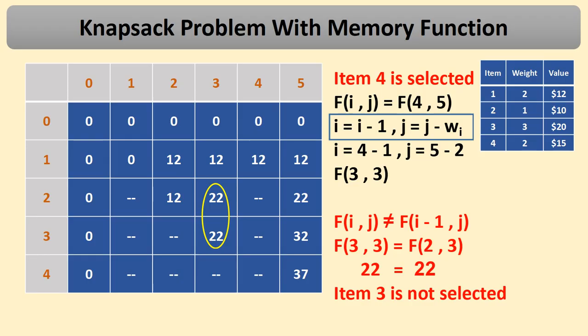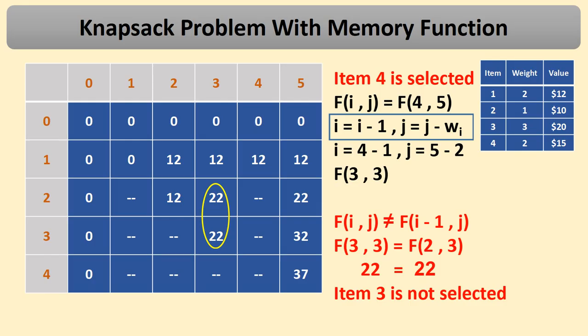Okay, so now we have to start comparing. When you want to choose an item, what is the formula? f of i comma j not equal to f of i minus 1 comma j. So here i is 3, j is 3. So f of 3 comma 3 compared with f of i minus 1, 3 minus 1 is 2, so f of 2 comma 3.